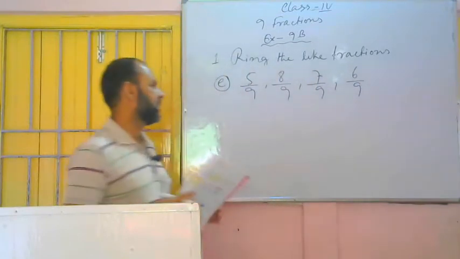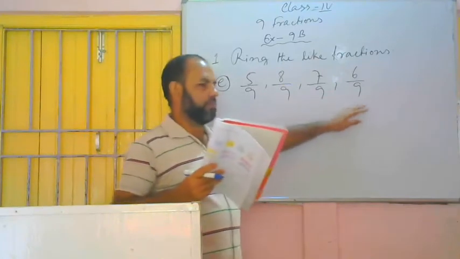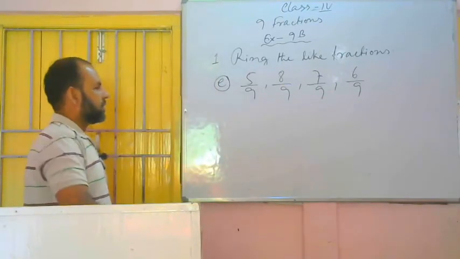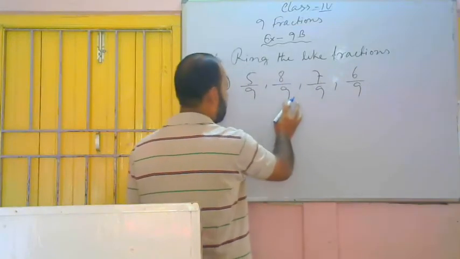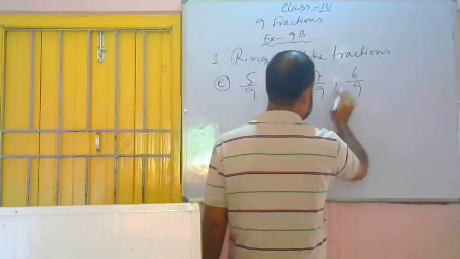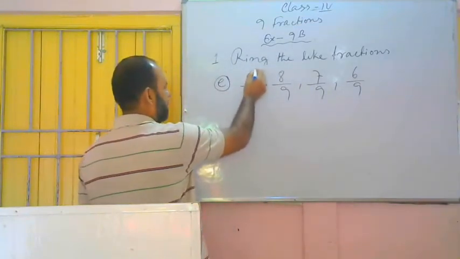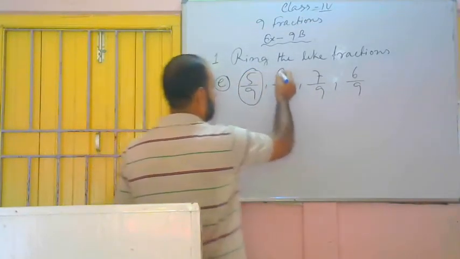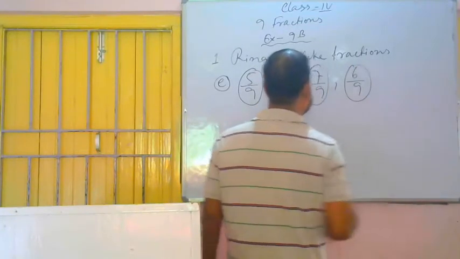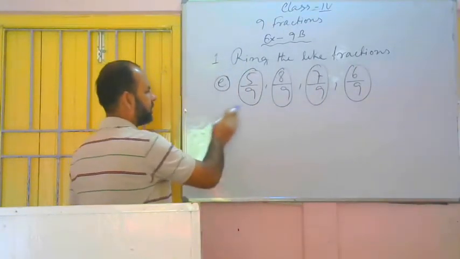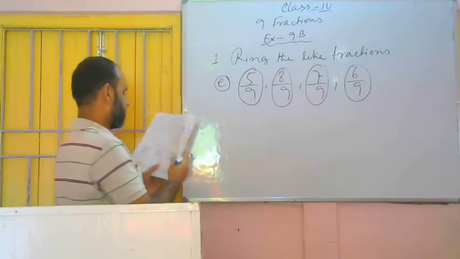So here we see all denominators are same. 5 by 9, 9 here; 8 by 9, 9 here; 7 by 9, 9 here; 6 by 9, 9 here. So all fractions are like fractions. Here 4 fractions are there. These 4 fractions are like fractions.